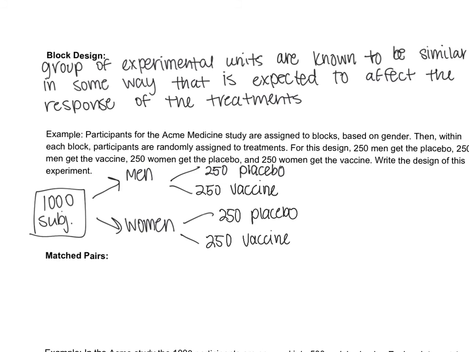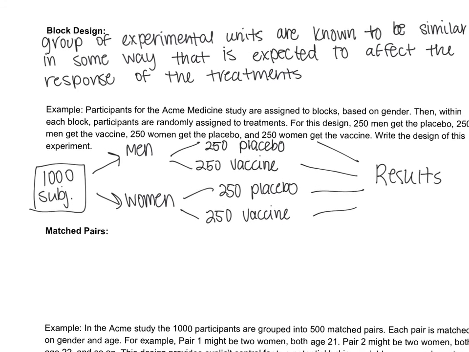And then we would compare the results like normal at the end. So you think that there's going to be some difference between the placebo and the vaccine within the gender, so that's why you would do a block design.